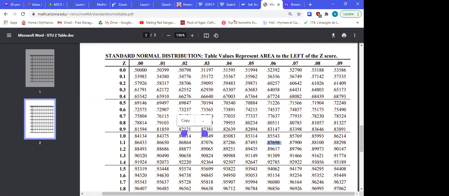When you match it with the second decimal, which is one of these numbers at the top here, you get the probability that Z is less than that number. For example, Z is less than or equal to -1.